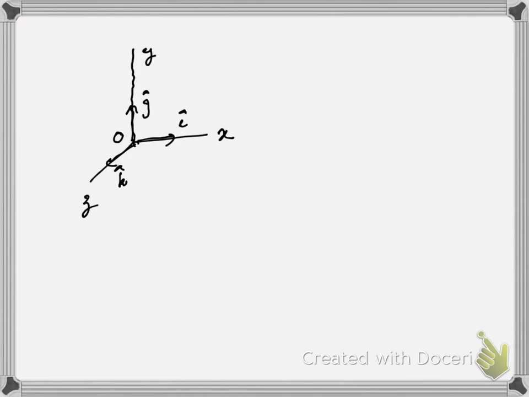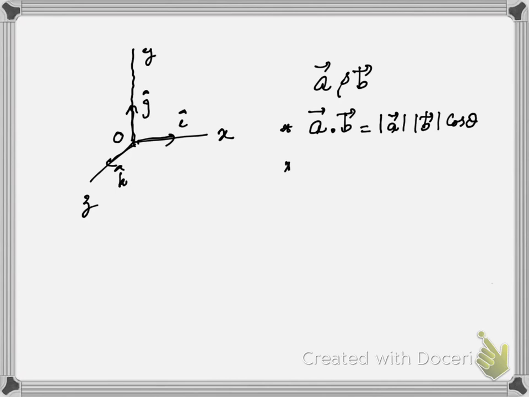You know that if A and B are two vectors, their dot product A dot B is equal to magnitude of A into magnitude of B into cos of theta, where theta is the angle between vectors A and B. And you also know that dot product or scalar product is commutative, means A dot B is equal to B dot A.